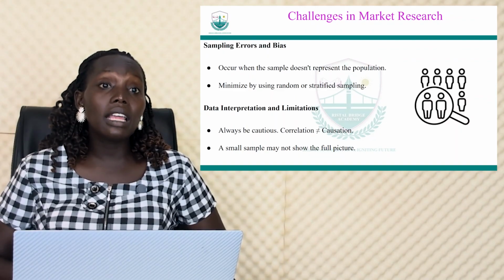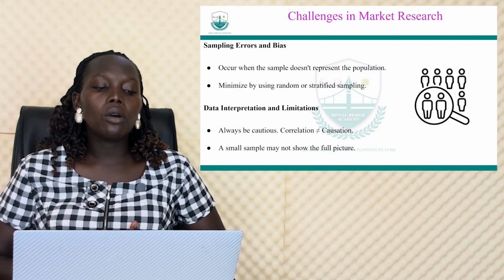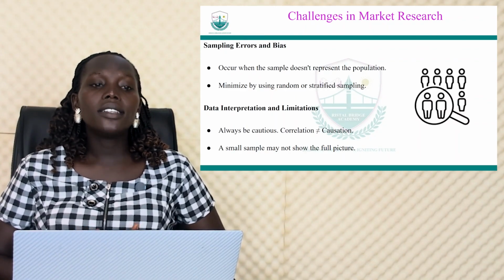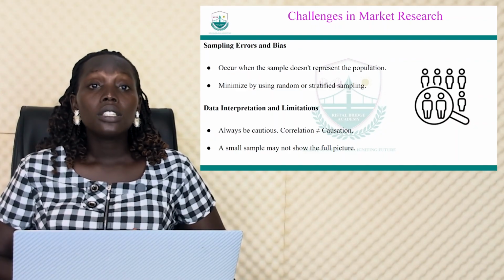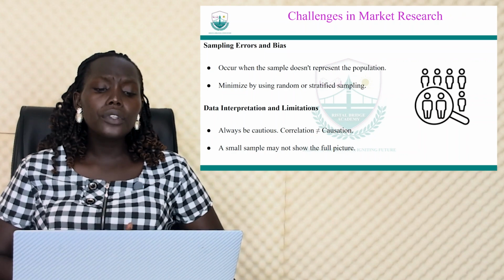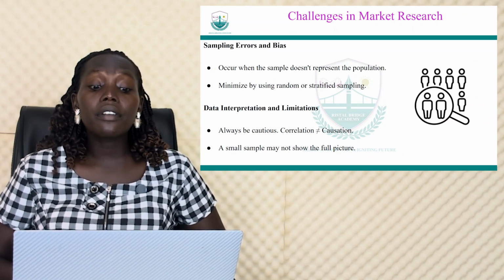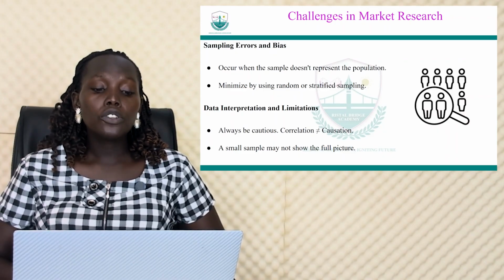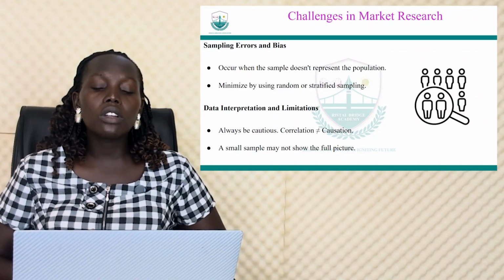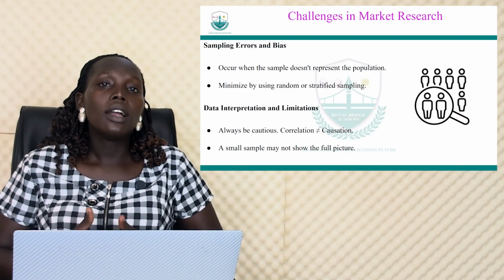It means that either there is a sampling error, or when people are giving the information, they have bias and then give information that is not correct. How do you solve this? We need to minimize it by using random or stratified sampling. When you use random or stratified sampling, it can minimize the errors and also the bias.